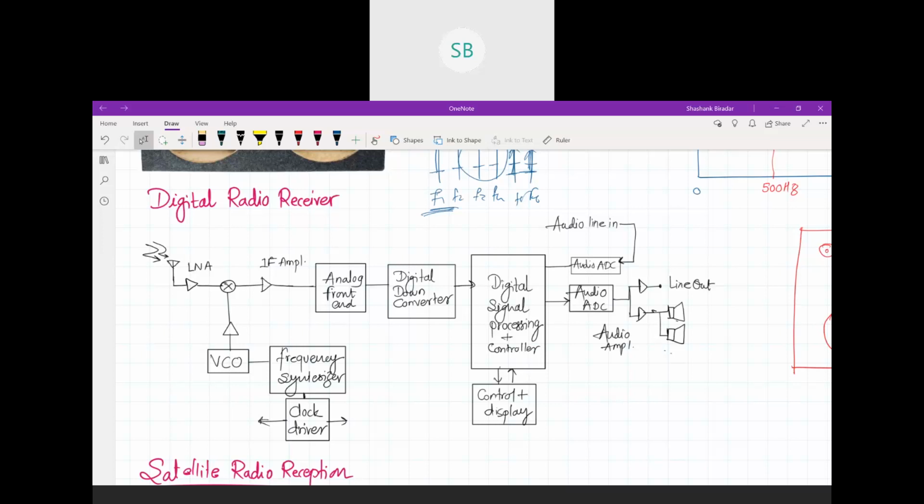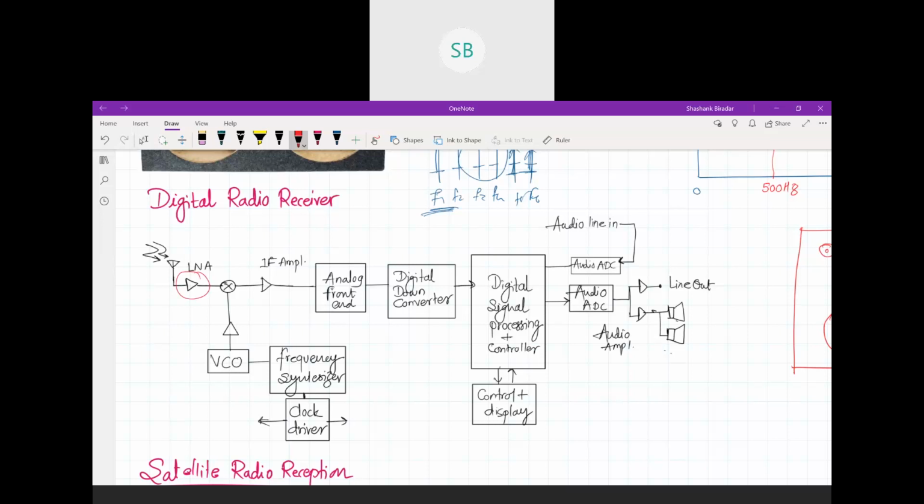So the analog front end on the input side of the digital radio receiver has been built around a high speed analog to digital converter. The input signal captured by an antenna is applied to a low noise amplifier, as you can see right here. The LNA, a frequency synthesizer that generates a local oscillator signal, and a high speed operational amplifier are part of the AFE.